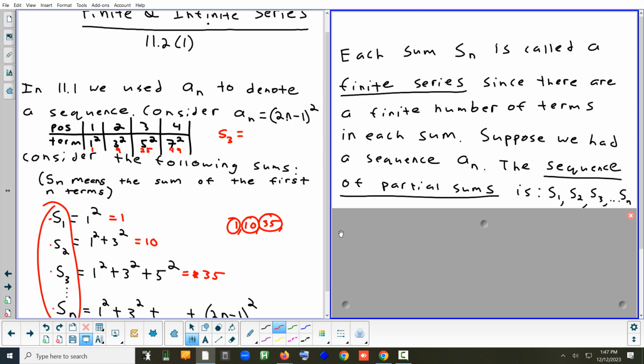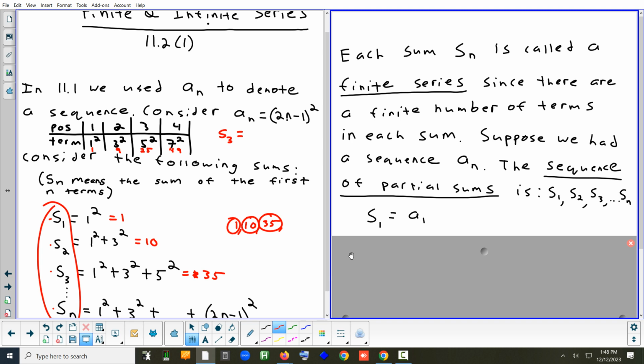So I kind of already showed you this, but let's think about this sequence again. So let's suppose now we don't have a specific sequence, but just any sequence, okay? A sub n, whatever it happens to be.